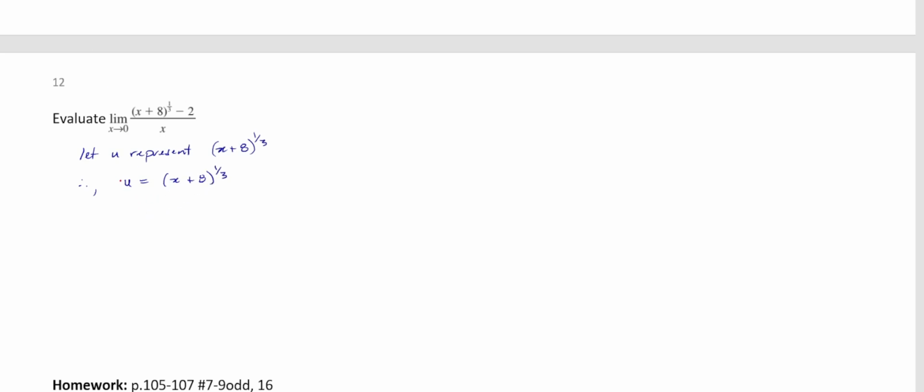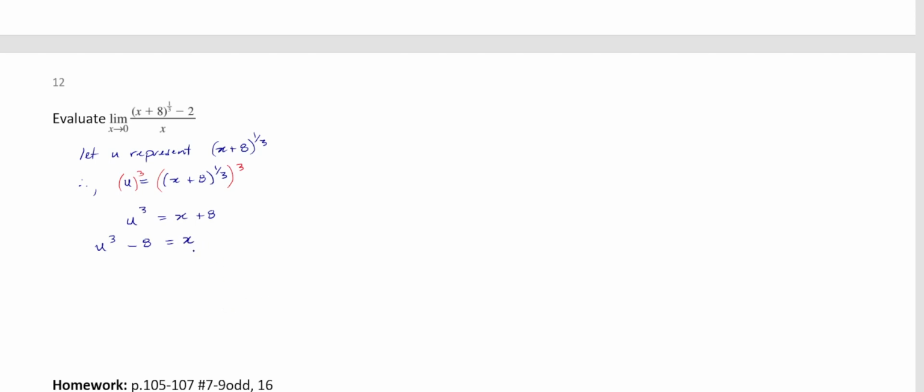I'm going to cube both sides again. And so u cubed would simply be equal to x plus 8. And if I want to find what just x is, I can bring this 8 over to the other side, and u cubed minus 8 is equal to x.